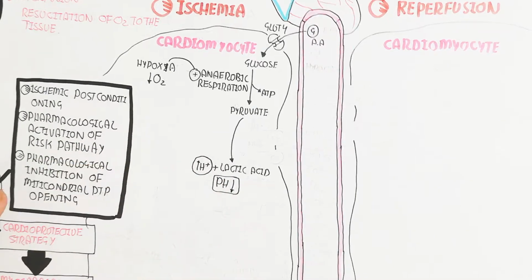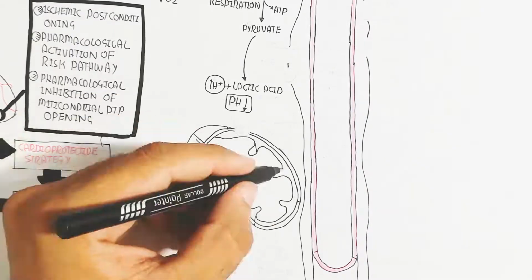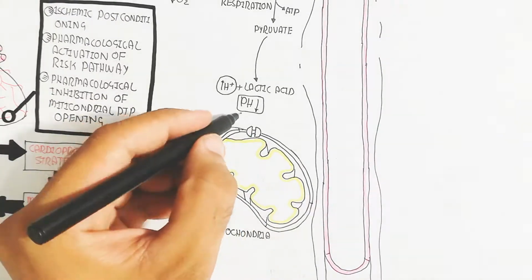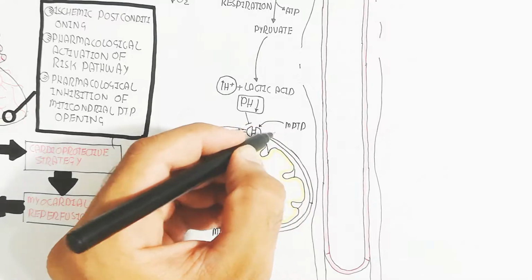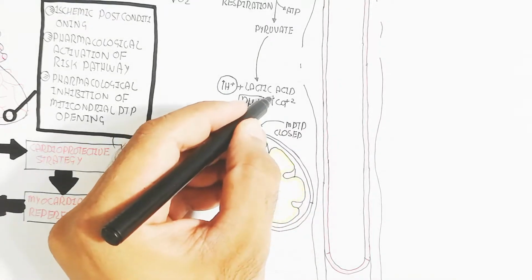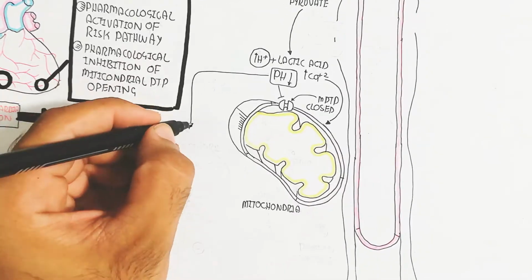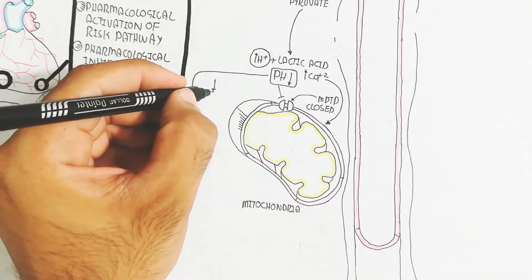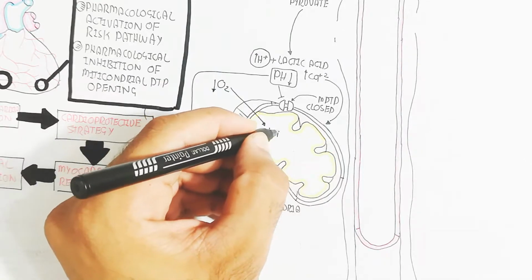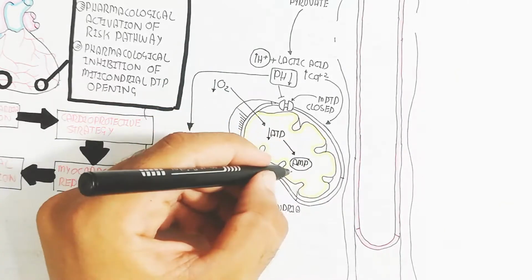This is known as lactic acid fermentation, the anaerobic fermentation without oxygen. Here the mitochondrial PTP channel is closed due to the lower pH, and the increased calcium also closes the MPTP.